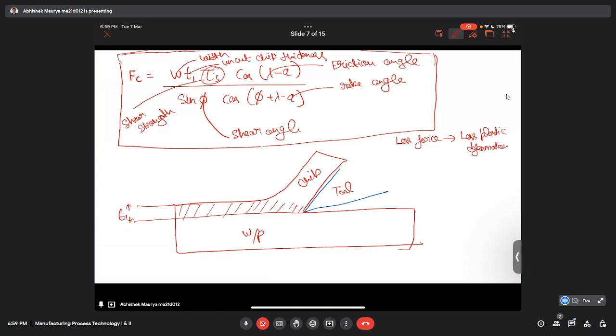And if we are applying large force, that means we are doing more plastic deformation.